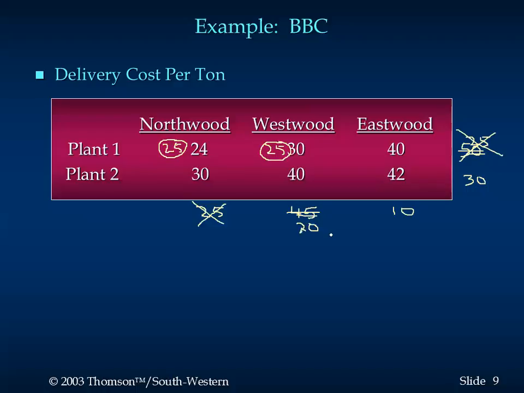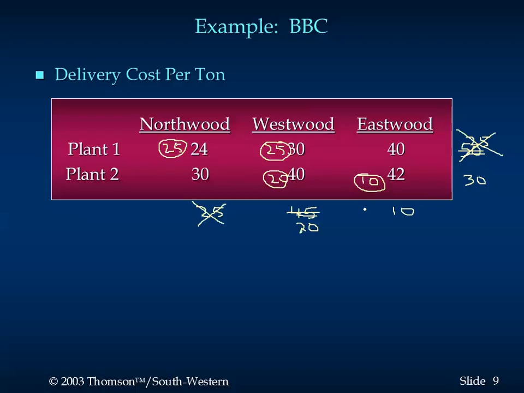Because I've completed this row and this column, we have only one column or one row left, so I have to allocate these units: 20 units here, 10 units here. So this satisfies the row and column totals, right? Now, what is the total cost of this?